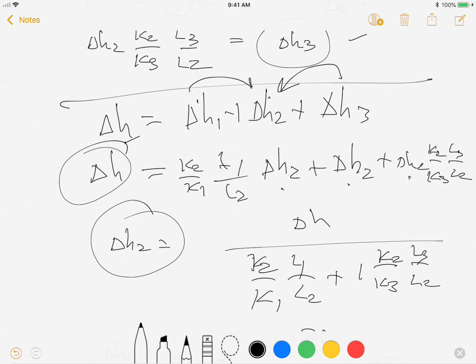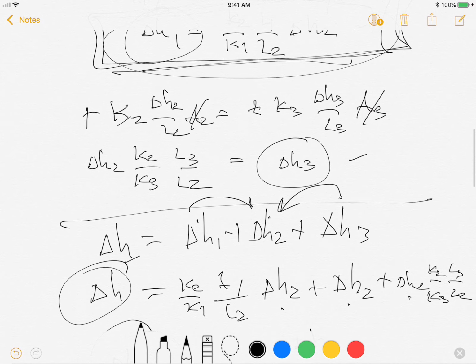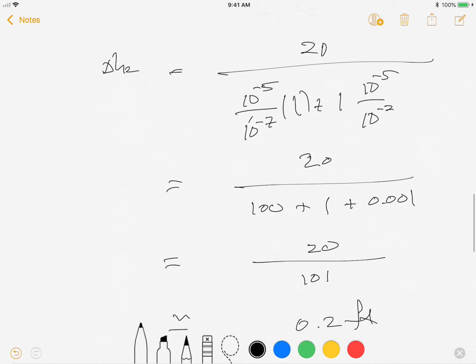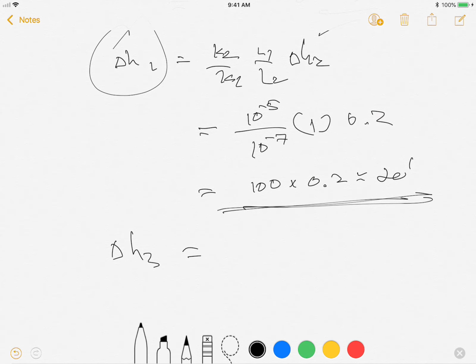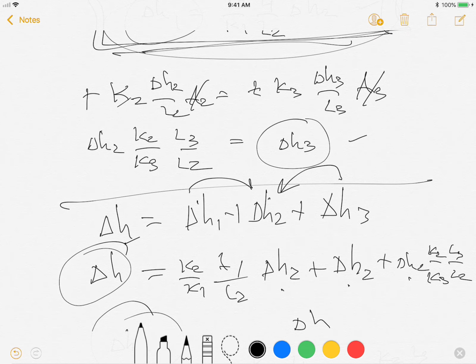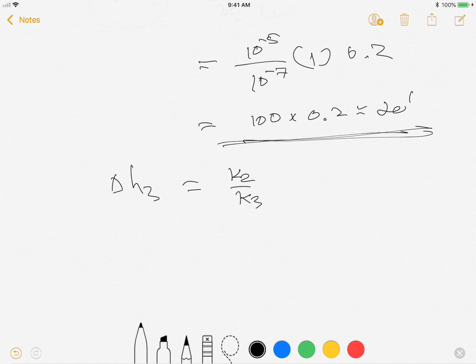And you probably have the hang of this at this point, but I kind of like to go through and just look at the numbers here. So this is going to be equal to K2 over K3. And then our lengths over here, and they're both going to cancel out, but it's going to be equal to L3 over L2. And that's all multiplied by delta H2.